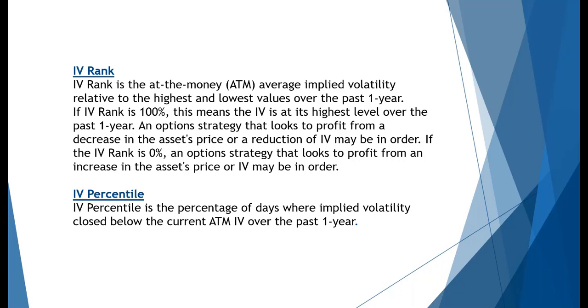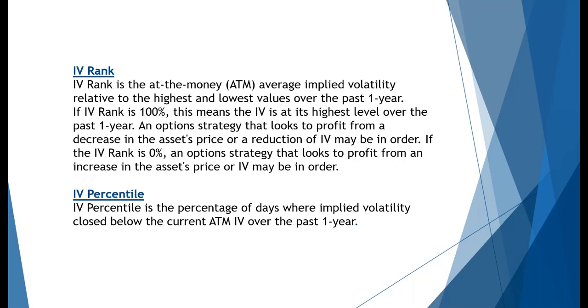So I'm not going to say one is greater than the other, but I think the one we're probably going to rely on a little bit more will be our percentage IVs. That will give us a better understanding of where we are in that range and how it relates more to our historical.